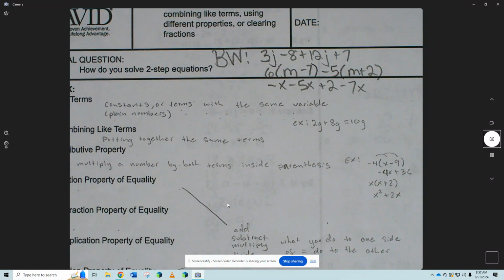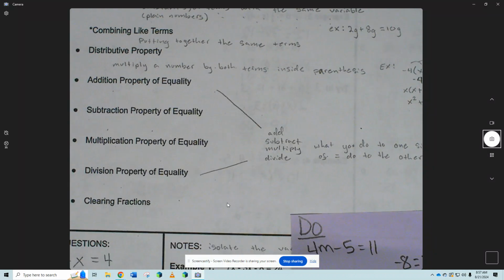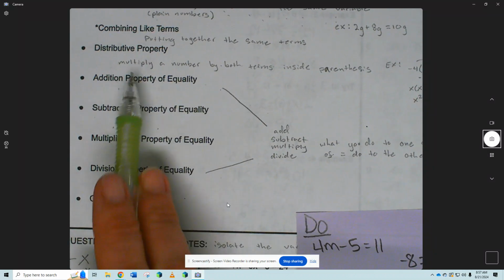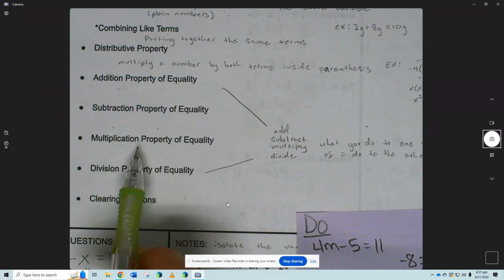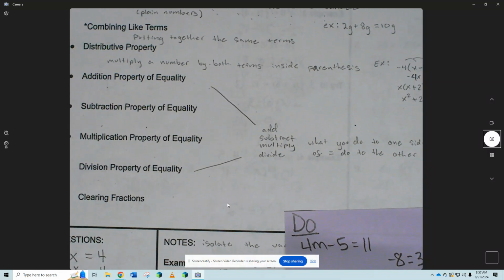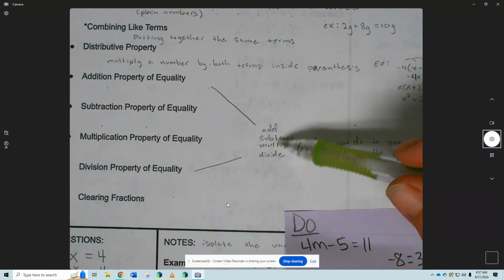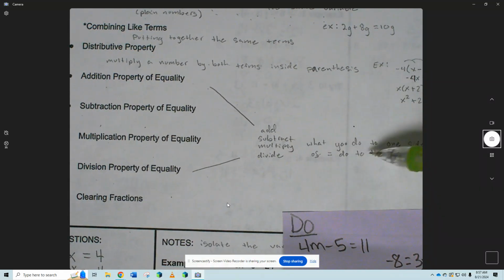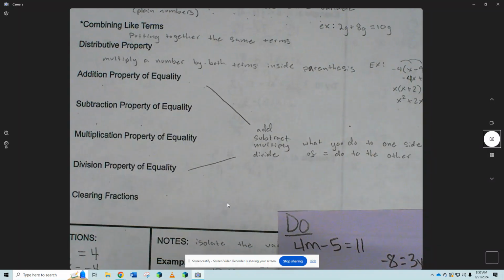All right, last one. Addition property of equality, subtraction property of equality, multiplication property of equality, division property of equality. You are adding, subtracting, multiplying, or dividing, whatever it says. What you do to one side of the equal sign, you do to the other.